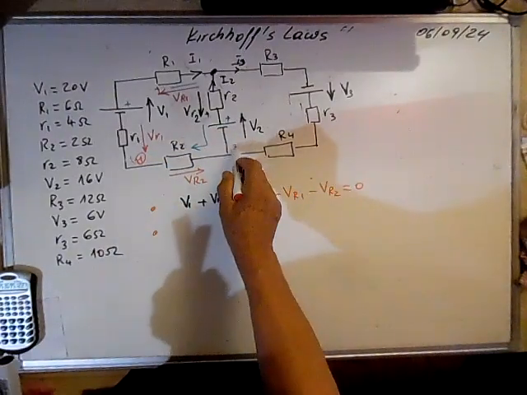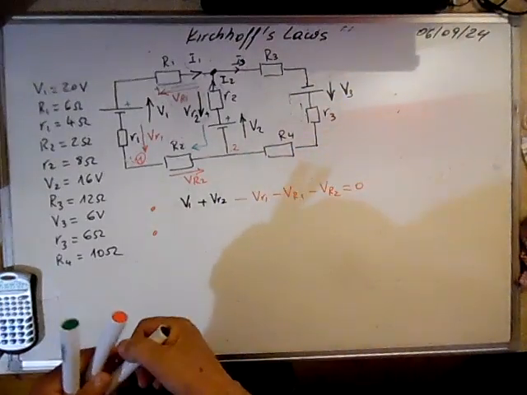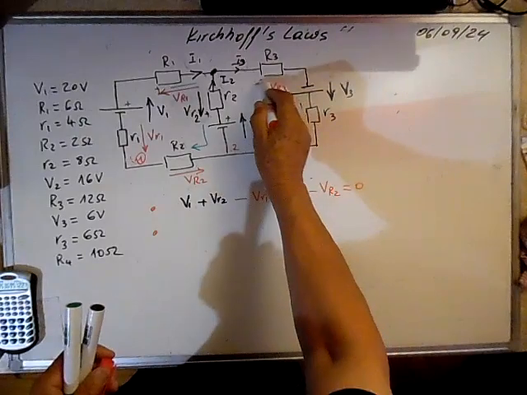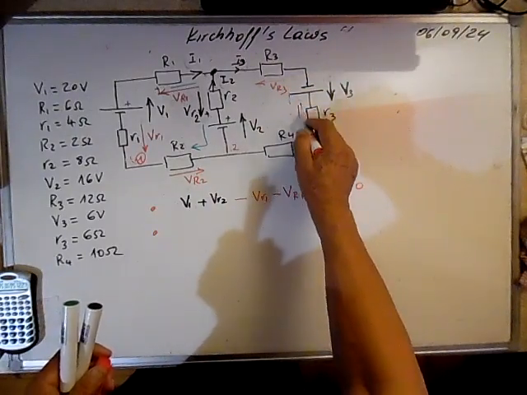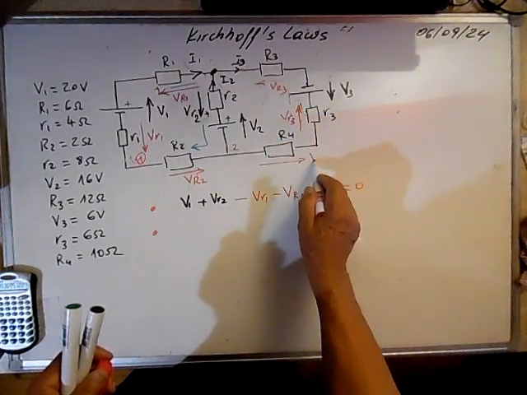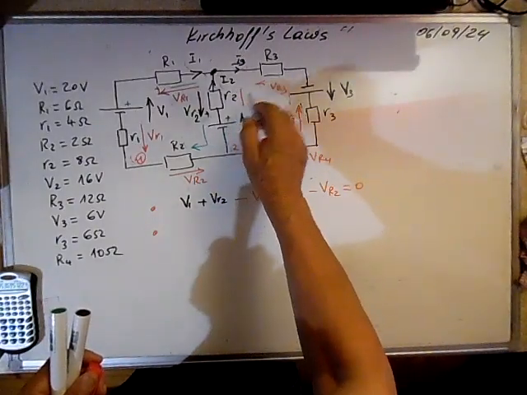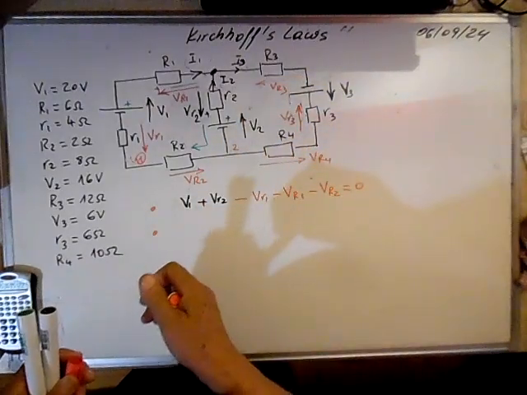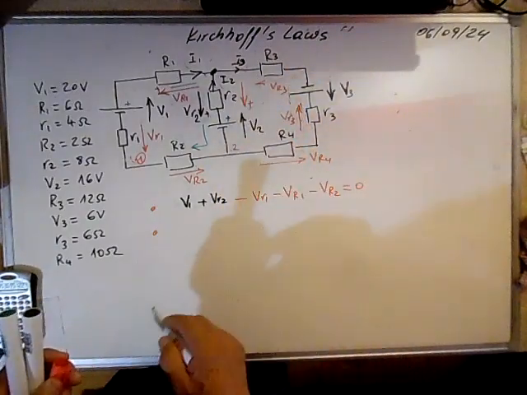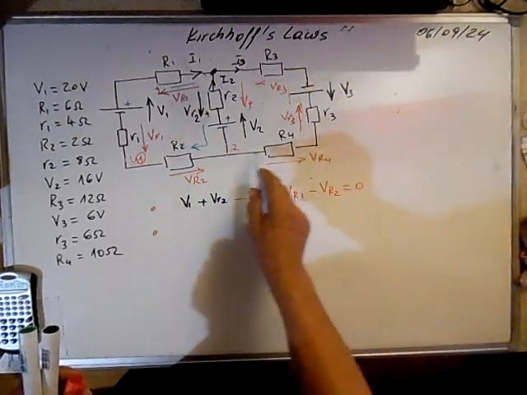Second mesh, which is here, same thing, in black, in anti-clockwise in red, VR3, this is the highest potential, VR3, the highest potential, VR4, and VR2 in black, no, in red, in this direction, because this is the highest potential, because current flowing this way.